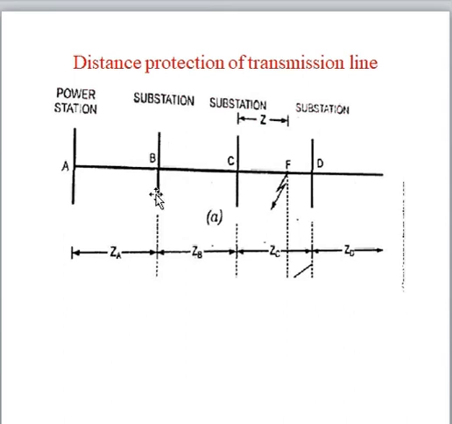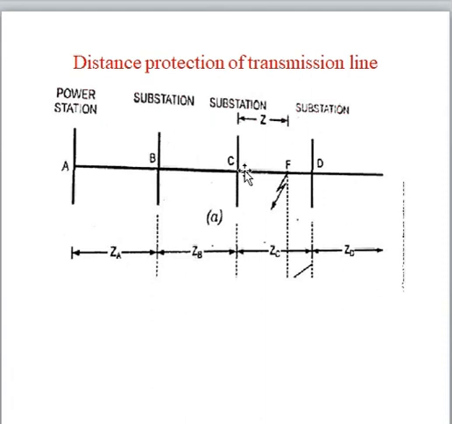Next you can see distance protection of a transmission line. A, B, C, D are the buses. Zone 1, zone 2, zone 3, zone 4: ZA, ZB, ZC, ZD define the line sections. If the fault is here, that is in this zone, first this relay will try to operate.